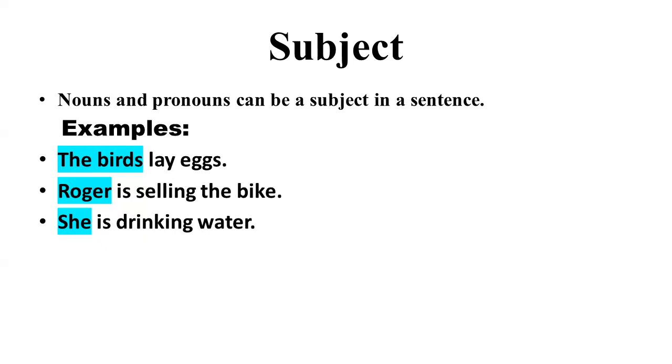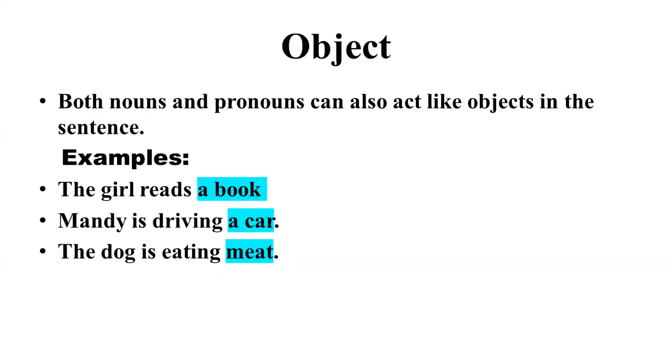Let's talk about object now. What's an object? Object is the person or thing who is the receiver of the action, to whom something is done, upon whom the subject is doing something. For example, the girl reads a book.